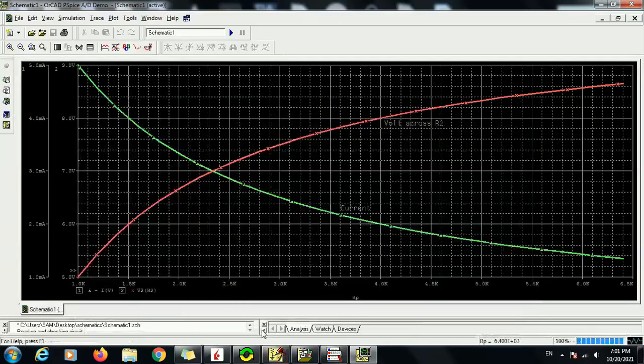One last thing about this voltage divider is we have seen that since these changes are non-linear, a change of the resistor value from 1 kilo ohm to 1.5 kilo ohm here has made a 1 volt change across the R2. This shows us that the first small changes in the resistor have a great effect on the voltage.